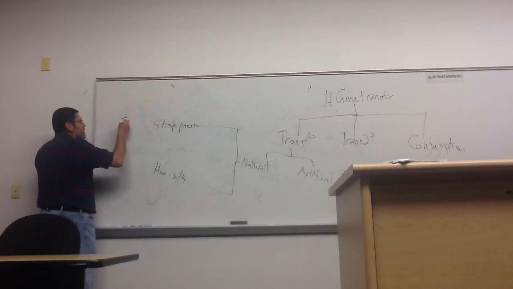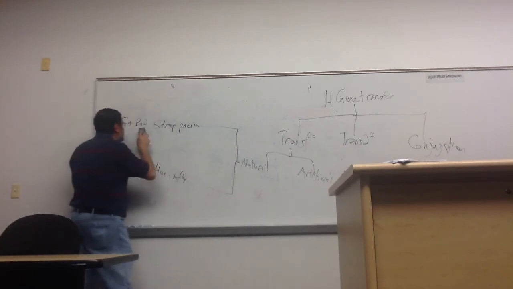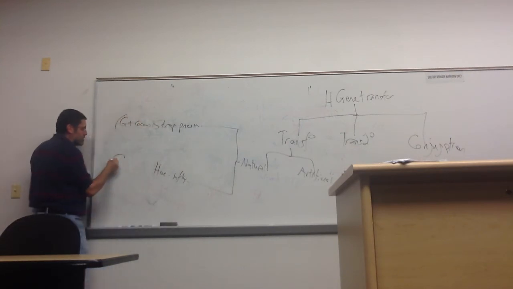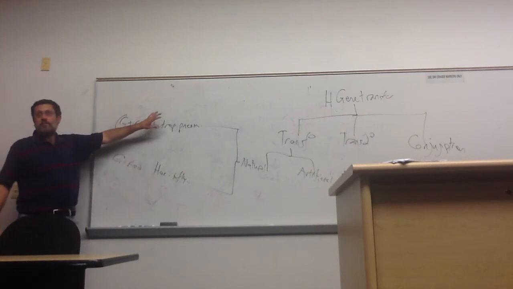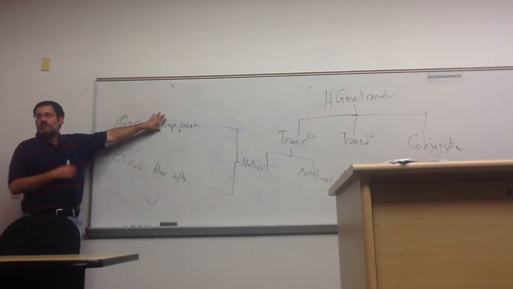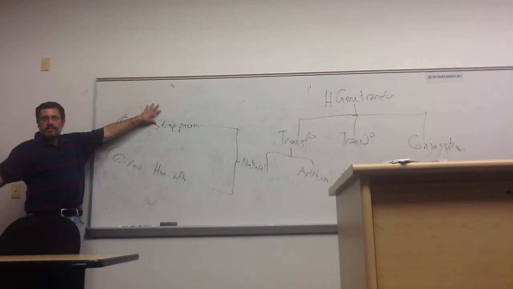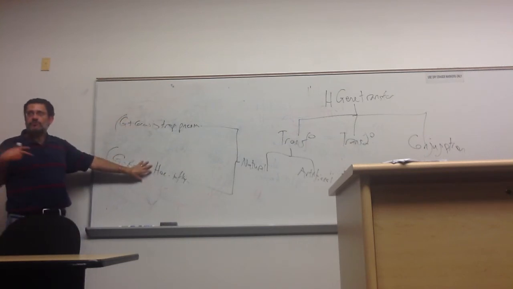So this is a gram-positive coccus. This is a gram-negative rod. What are the big differences? Strep pneumonia binds DNA indiscriminately. This one binds DNA specifically. This one brings in 2 strands, but breaks one. This one brings in both strands.